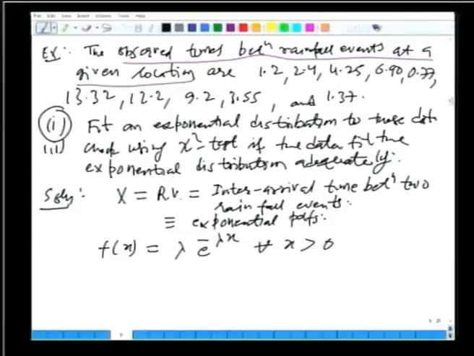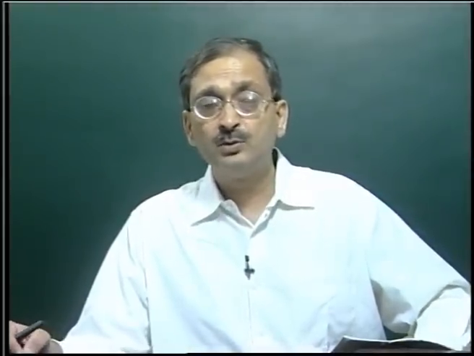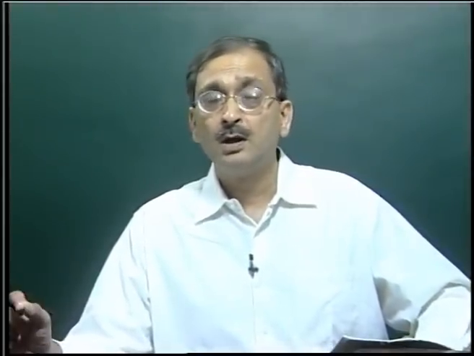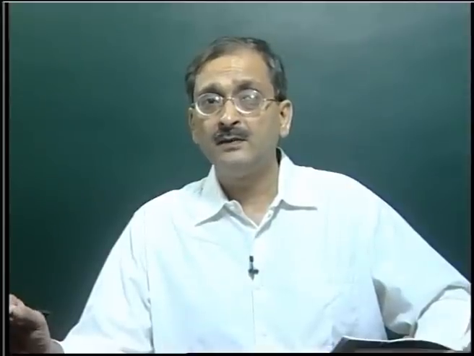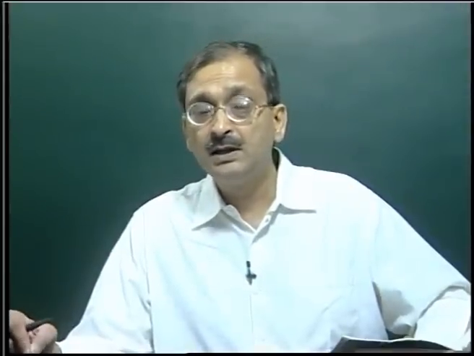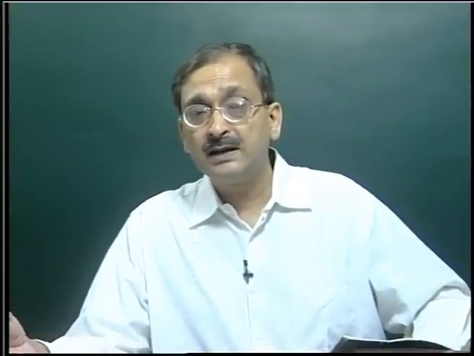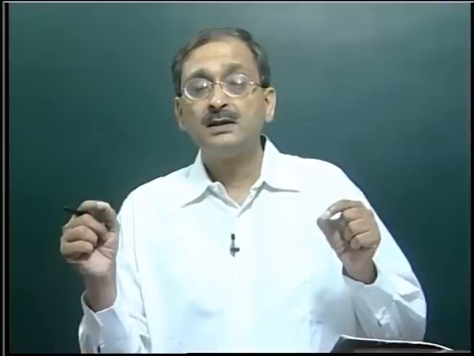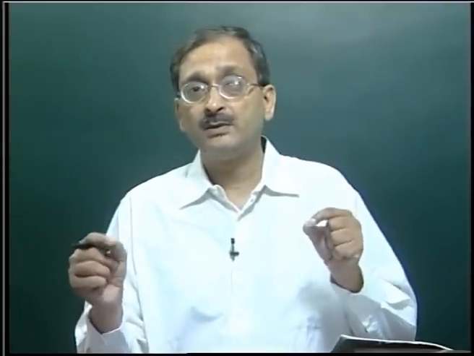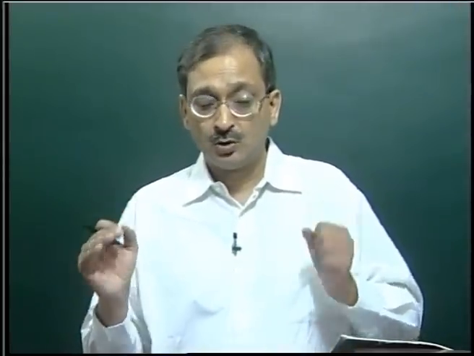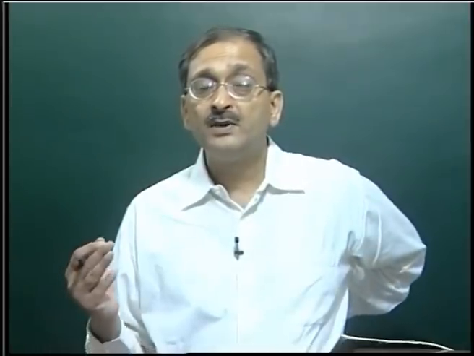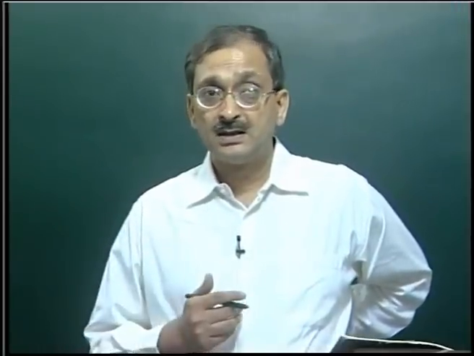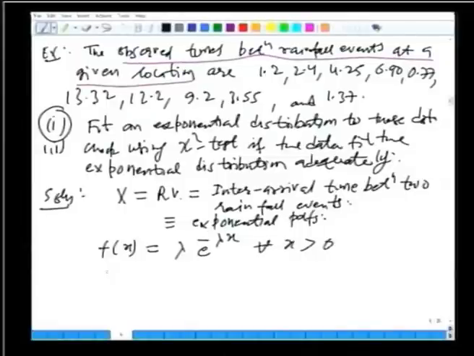We said that the inter-arrival time follows the exponential distribution, and the exponential distribution is for non-negative random variables only. In this case, the time between two rainfall events cannot even be 0 actually. When you are defining two rainfall events, they have to be separated by some time. So, it has to be positive. It cannot be negative and it cannot even be 0. So, it should be greater than 0. Okay. So, that is what we are saying here.